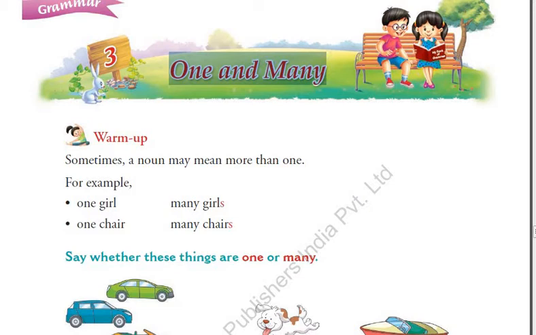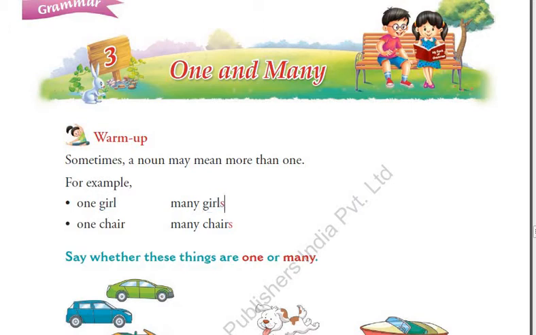So in this lesson, first of all, I explained how to make the plural out of the singular word, correct? Sometimes it is possible just by adding s at the end of the word. As you can see here, if it is one girl, we say a girl. If more than one, we say girls.